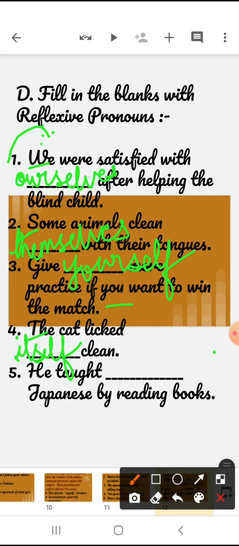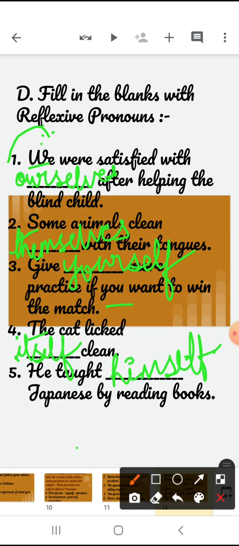Next. He taught dash Japanese by reading books. Whom did he teach? Only he knows, no? He taught himself Japanese by reading books. Done?